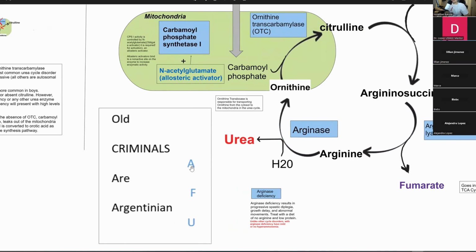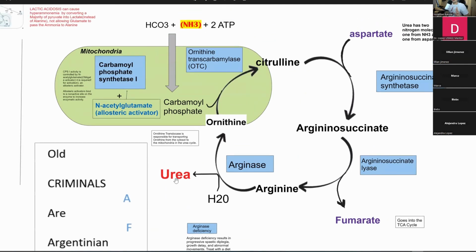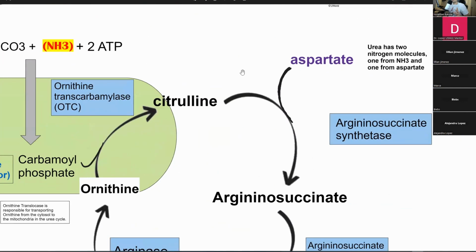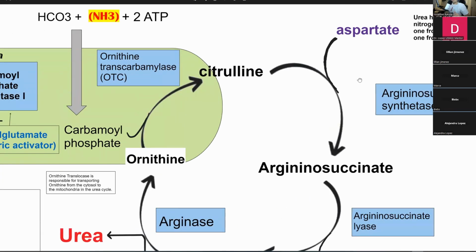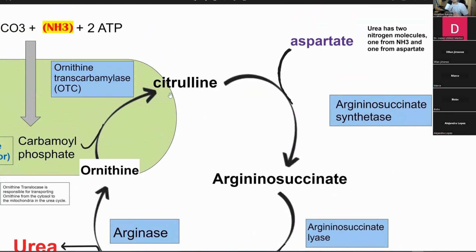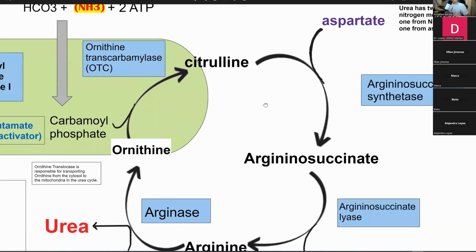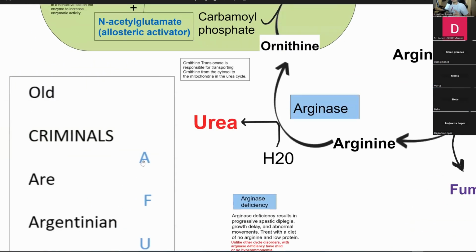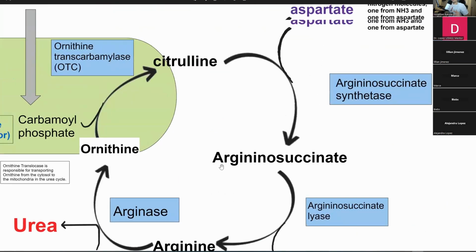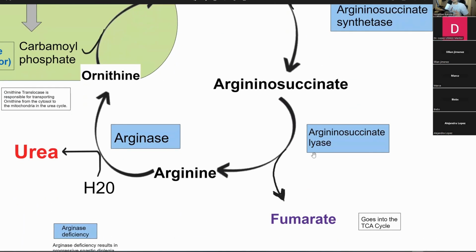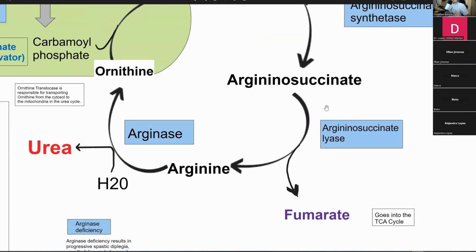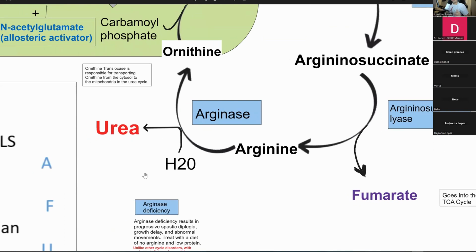And then check this out. This is the good part about it. After criminals, you say AFU. And that's important. AFU. It's important because these are the actual substrates that are involved in joining the cycle or leaving the cycle. So aspartate, after the C, after citrulline, aspartate will join. So after criminals, you say AFU, and you'll see that aspartate joins, fumarate leaves on the next step of argininosuccinate, and then urea leaves on the following step.